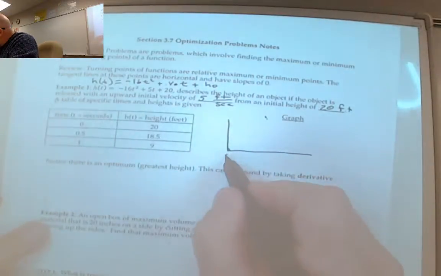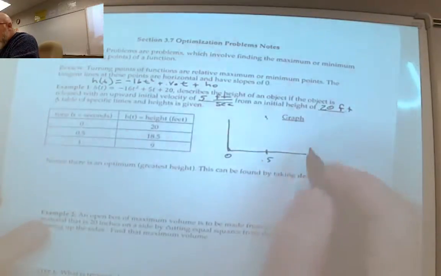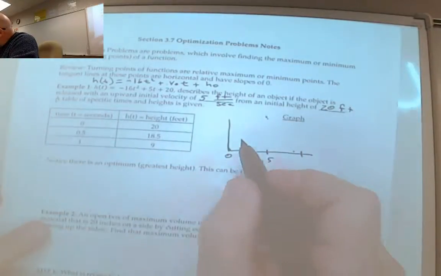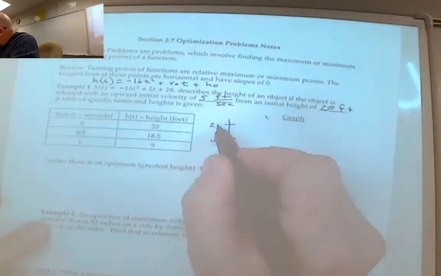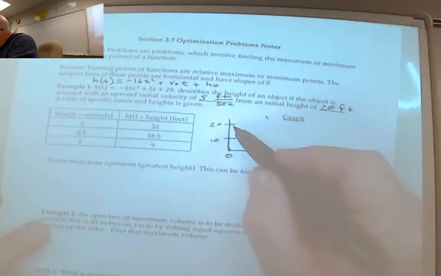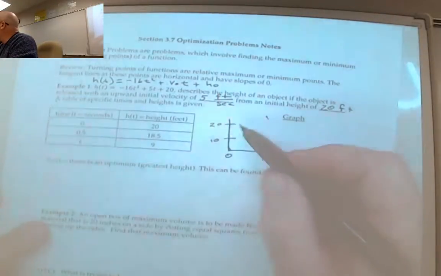And I graphed it on my calculator. And I went here, I went 10. Right here, I went 20. And when I graphed it, I noticed it's going up, correct? Because my initial velocity is positive.